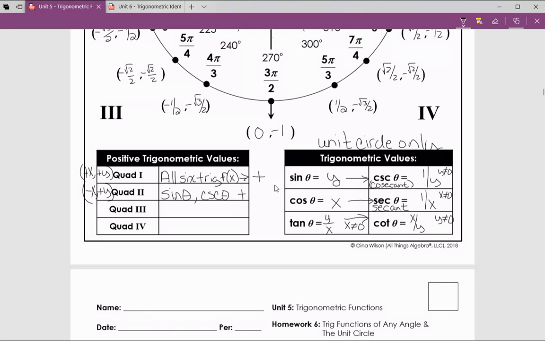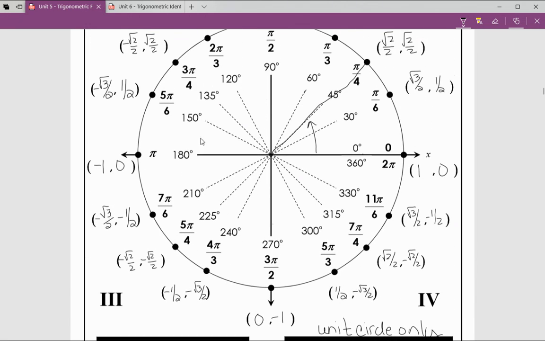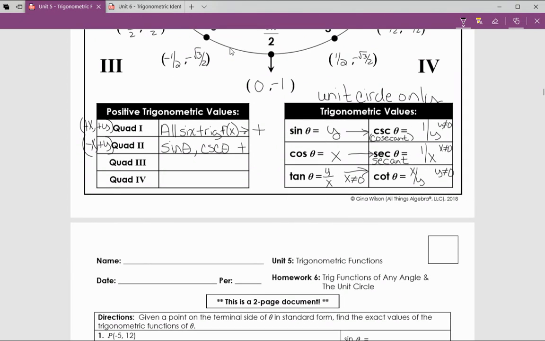That means anytime you are looking at angles that terminate in quadrant 2, sine and cosecant will always be positive because the y value is positive. If you take a positive number and you flip it upside down, it stays positive. The only difference is your numerator and denominator switch places.